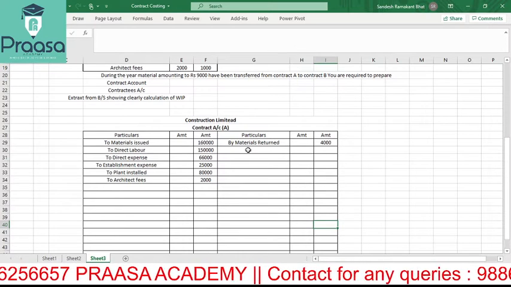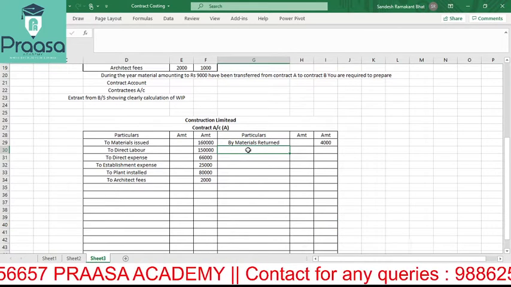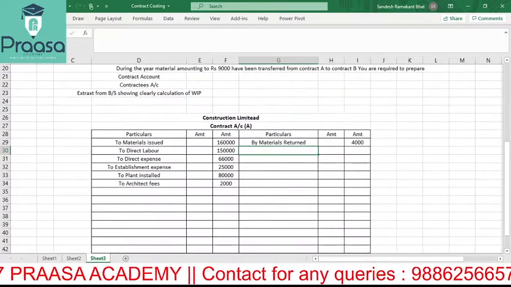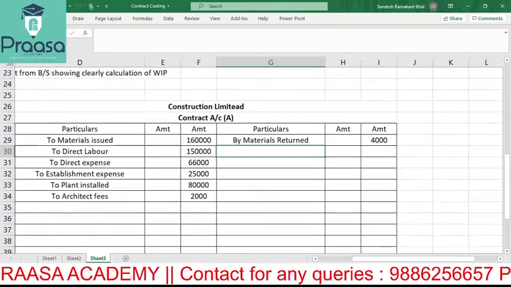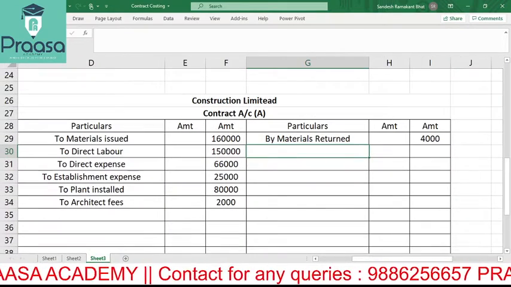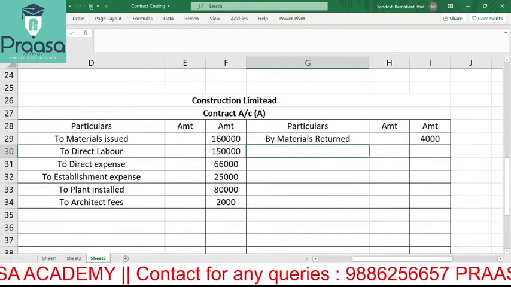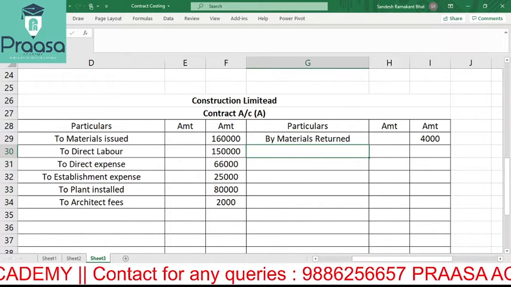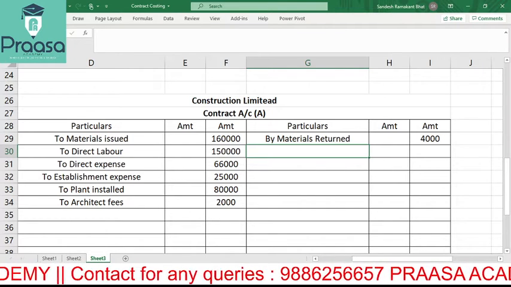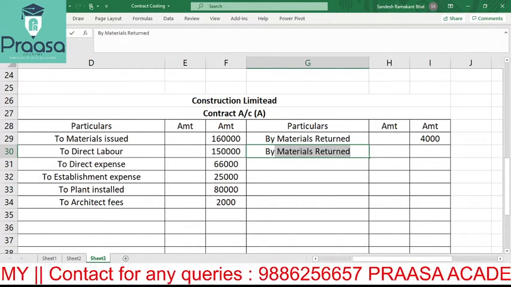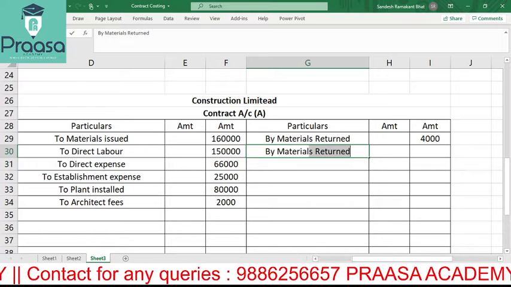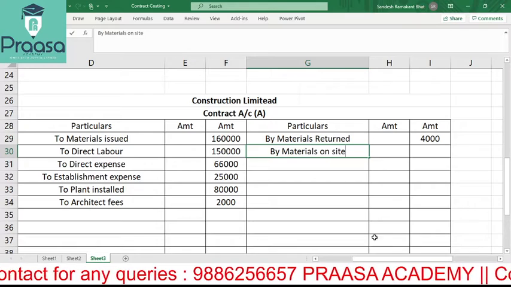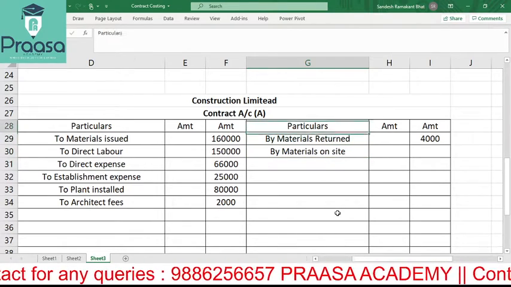Next, by materials on site. I will just zoom all these things. Yes, this much is enough, I guess. By materials returned, that is 4,000. Next, by materials on site. How much is it? We'll just check.